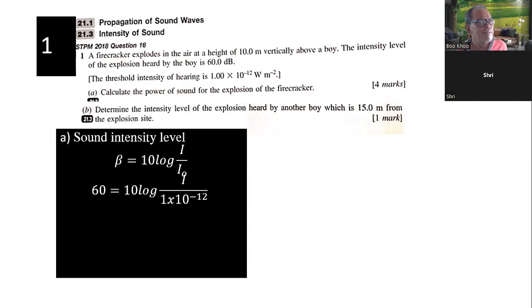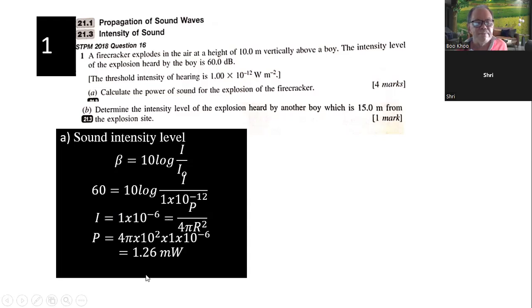I equals P over 4 pi r squared. Okay, good. From there, we calculate your I, and then your I equals to that. Then take the 4 pi r squared to the outside.